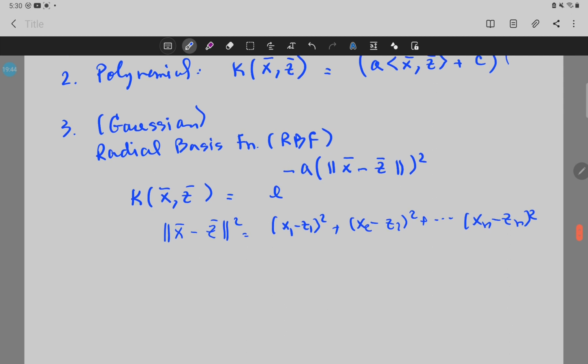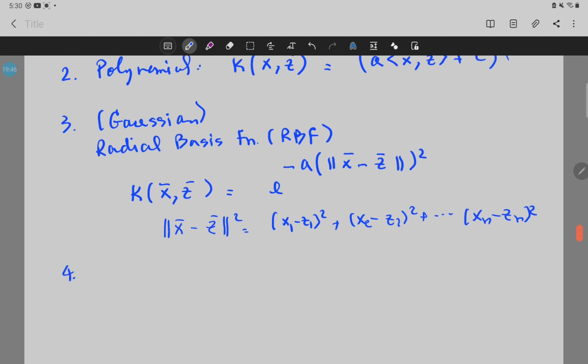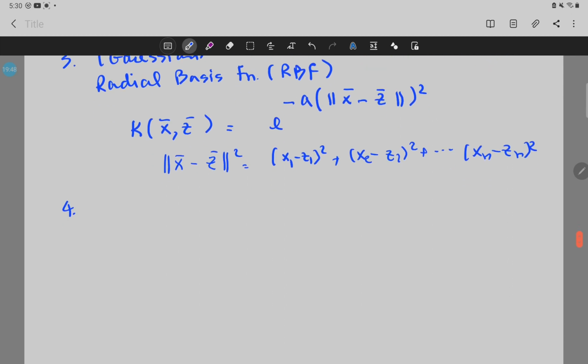And lastly, actually there are different kernel functions. The fourth one that is also seen quite often is called the sigmoid function. For this one, the kernel function k of xz is equal to the hyperbolic tangent.